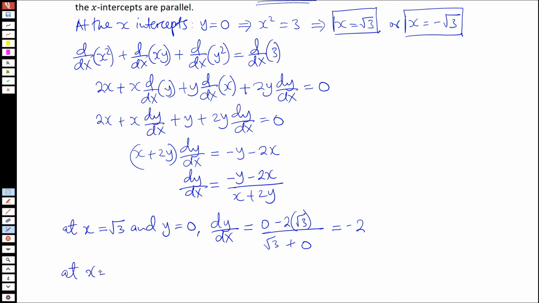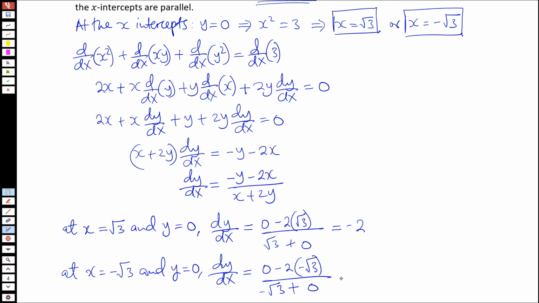And at x equal to negative root 3 and y equal to 0, then dy over dx will be equal to 0 minus 2 multiplied by negative root 3 over negative root 3 plus 0, and this will be equal to negative 2 again.